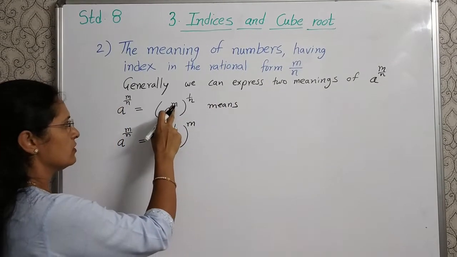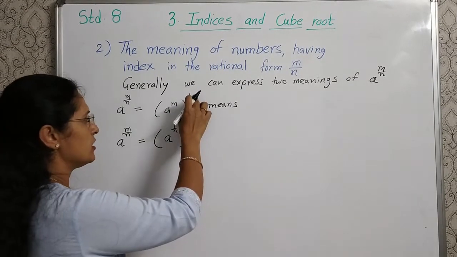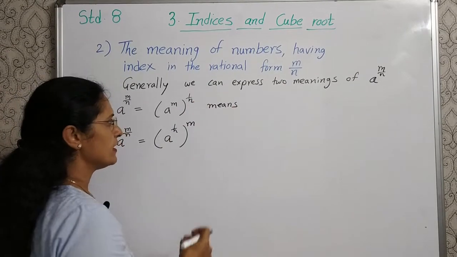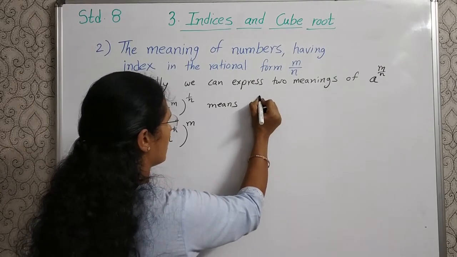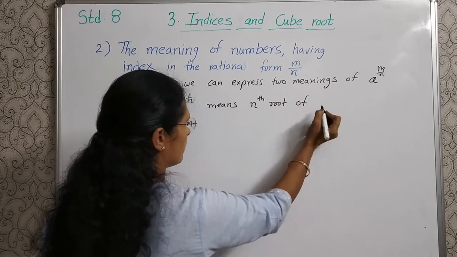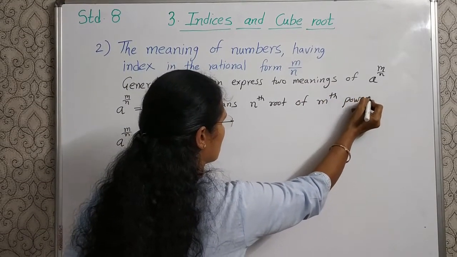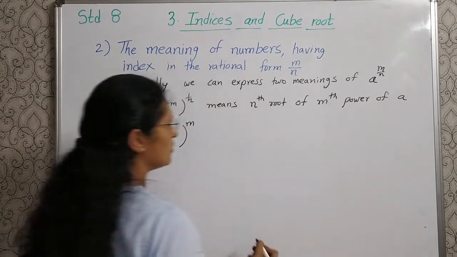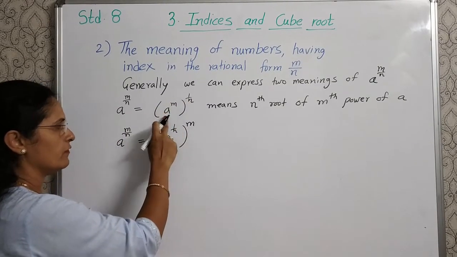Here 1 by n is outside the bracket, so we start from the outermost index. This is 1 by n, so we read it as nth root. It means nth root of mth power of a.